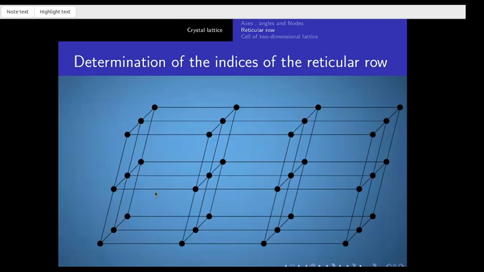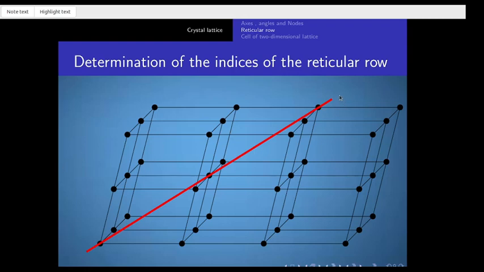Now we have to do the determination of the indices of the reticular row. We have to take examples. We are going to draw a red row which passes through three nodes: this node here, this node here, and this node here.